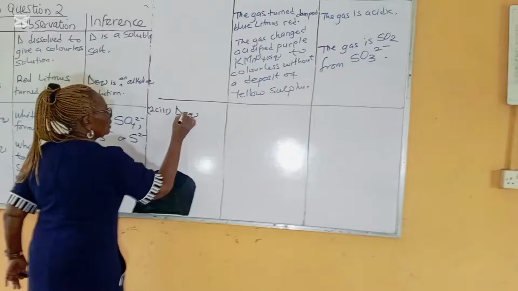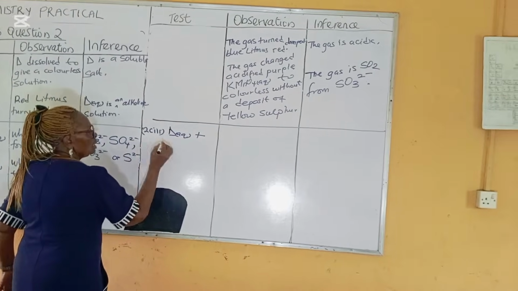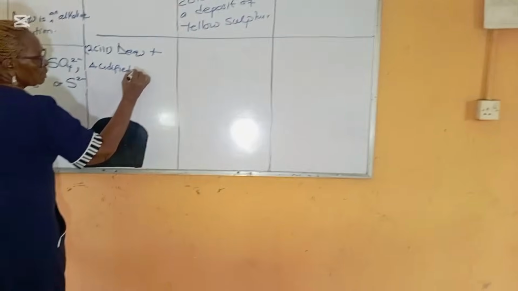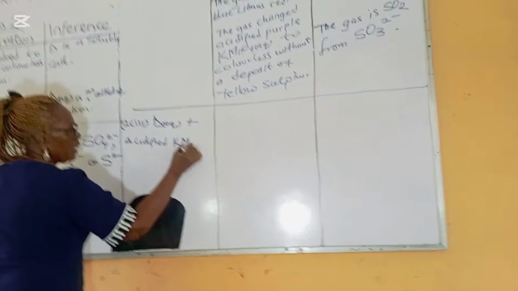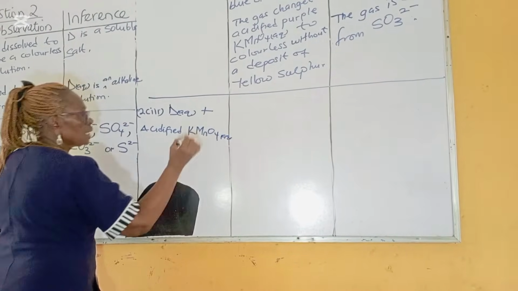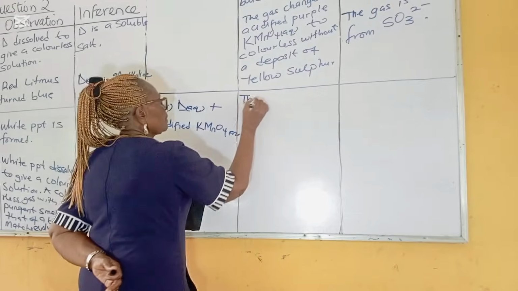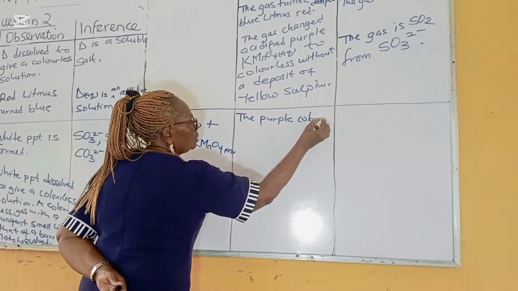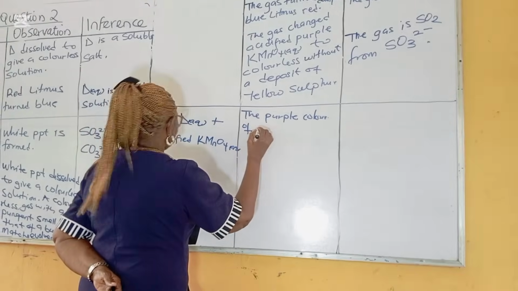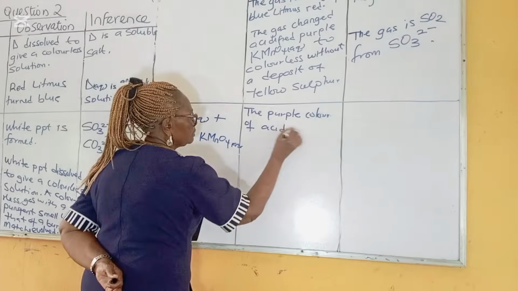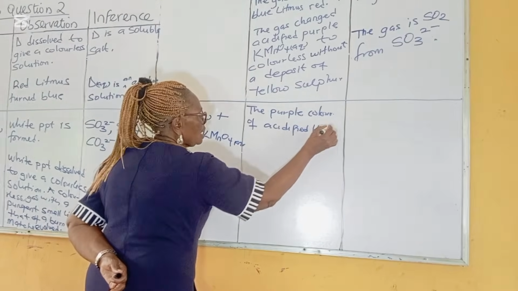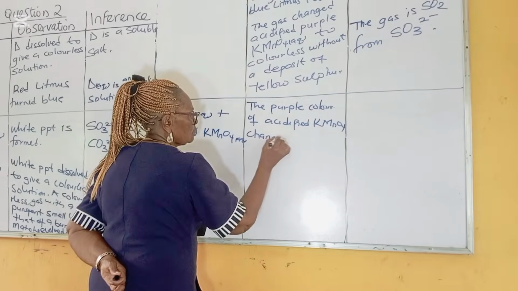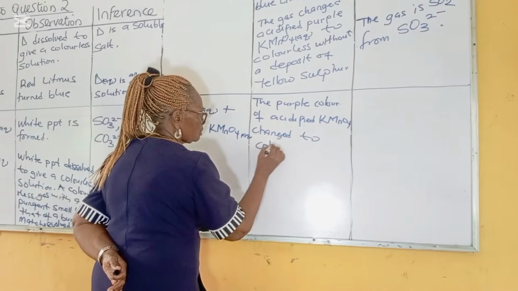Good. D aqueous plus acidified KMnO4 solution. That is it. You say the purple color of acidified KMnO4 changed to colorless.